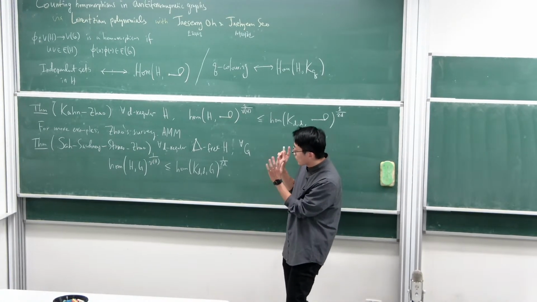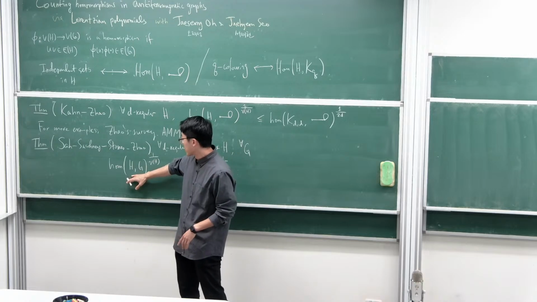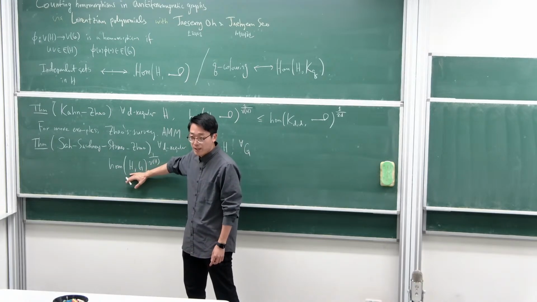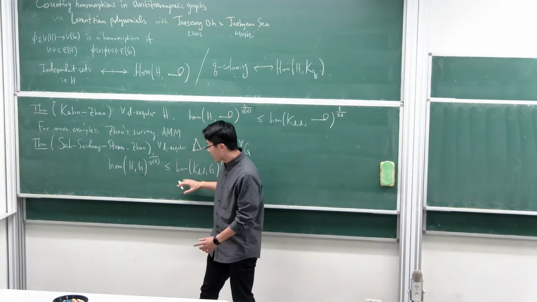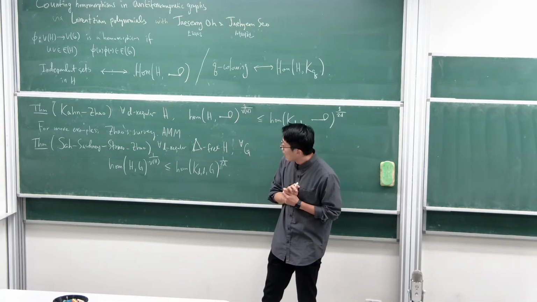The usual Sidorenko's conjecture is about the lower bound for this when H is bipartite, but this gives a general upper bound, and hence the name reverse Sidorenko inequality.